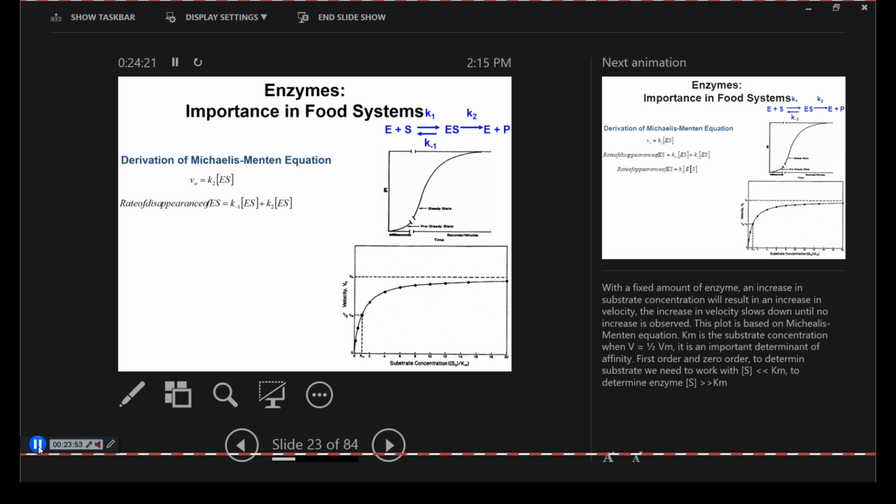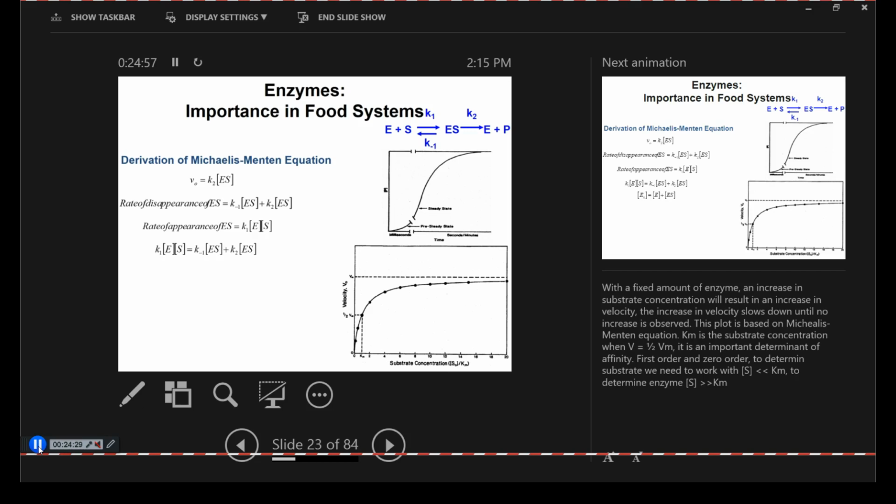So the rate constant K-1 going backwards times the concentration of ES plus the rate constant K2 going forward multiplied by the concentration of ES. Rate of appearance: the appearance of ES is only this, which is the rate constant K1 times the concentration of the substrate times the concentration of the enzyme.